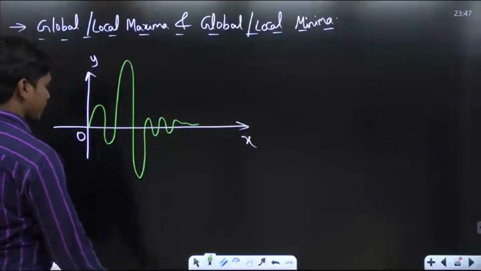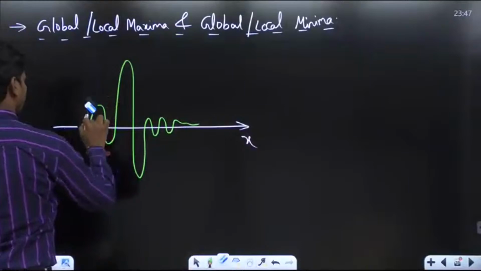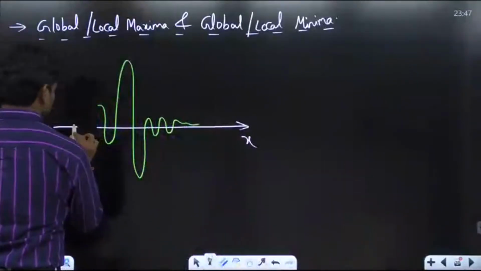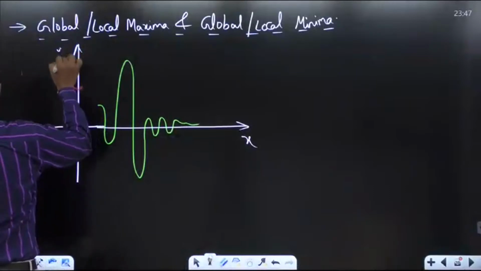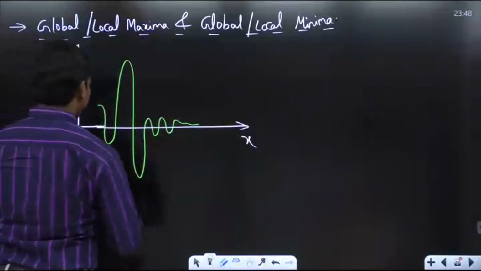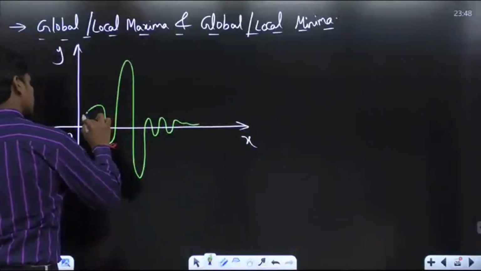Now, let me put the things together. This is your x-axis and this is your y-axis, because I just wanted to indicate this. 0, x and y. Let us suppose you have something like this.